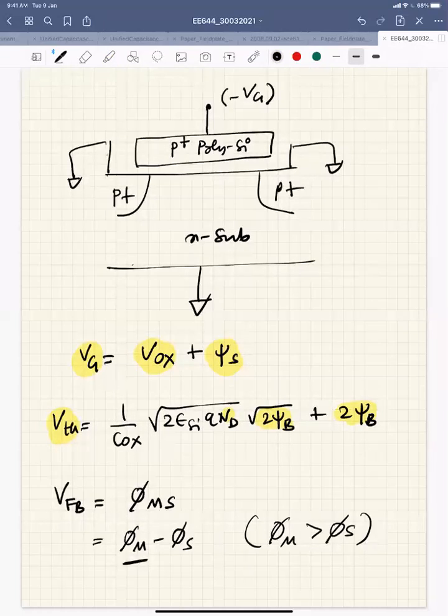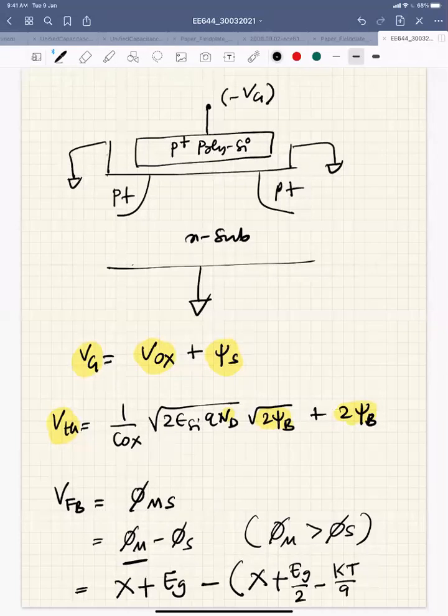So for p plus polysilicon, your work function is electron affinity plus band gap, x plus Eg, right? And your phi s, your silicon work function, since this is an n-type substrate, is electron affinity plus Eg by 2 minus kT by q ln Nd by Ni, right?